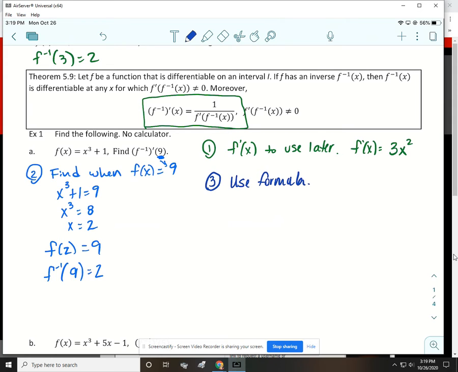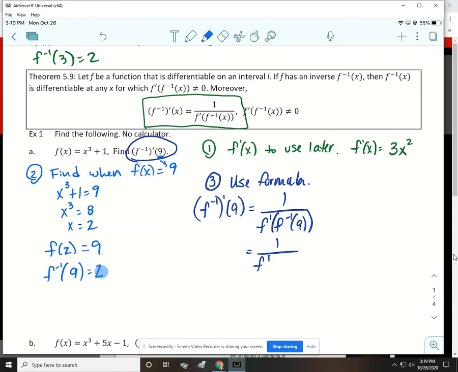Okay, so I am just going to take the formula, and in the place of x, we're going to put 9, because that's what we're looking for. Okay, we'll start going through the problem. So the first thing I need to find is f inverse of 9, and that's what we just found right here. F inverse of 9 is 2.